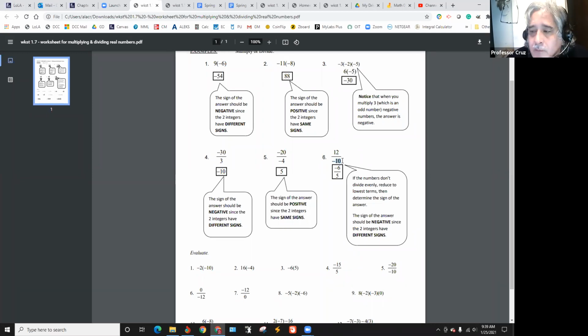So you just divide both numerator and denominator by 2 and then give the common sign. Now, why they moved the negative sign up here, it's kind of strange. It really doesn't matter where the negative sign is. It could be in either the numerator or the denominator, or it could be out front. Those all three mean the same thing.